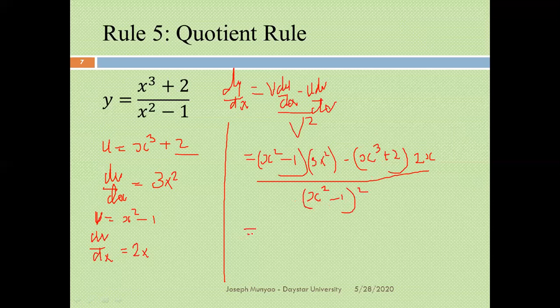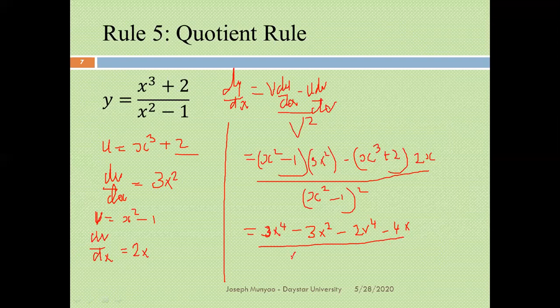Let's see whether we can break down the numerator. I multiply, I'll get 3x power 4, then minus 3x squared, then minus 2x power 4, minus 4x. Everything is divided by x squared minus 1, everything squared.